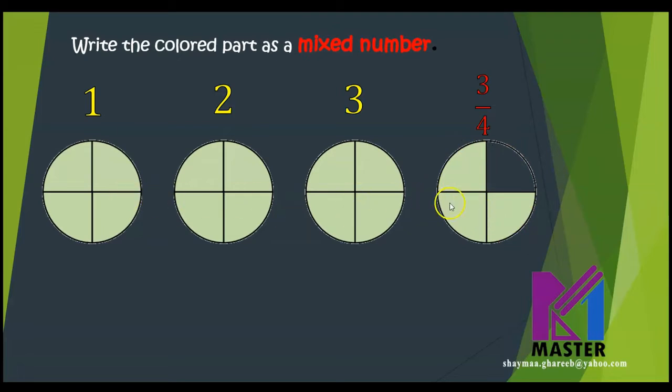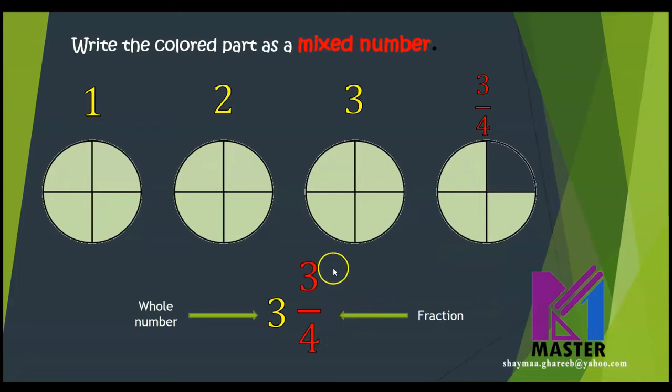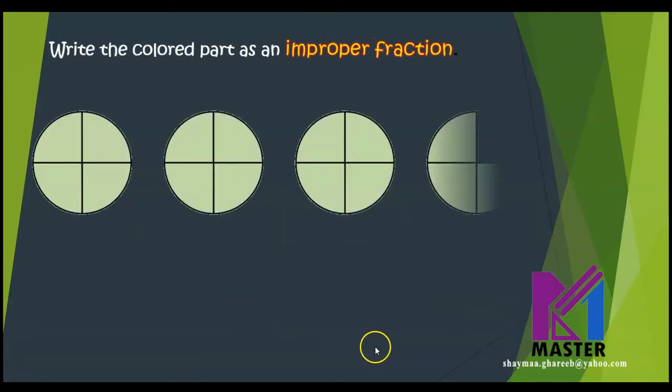Now, if I want to write this as a mixed number, the whole number will be 3 because I have 3 whole shapes. And the fraction part will be 3 over 4. So at the end, this mixed number will be 3 and 3 over 4, or 3 and 3/4. Is this clear? Let's do one more example.